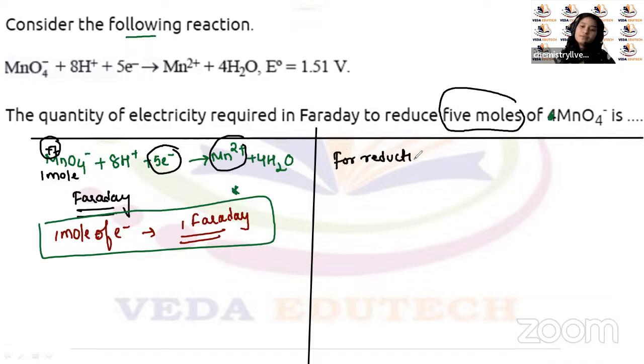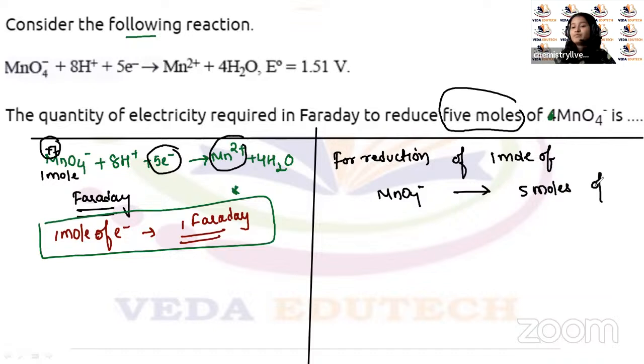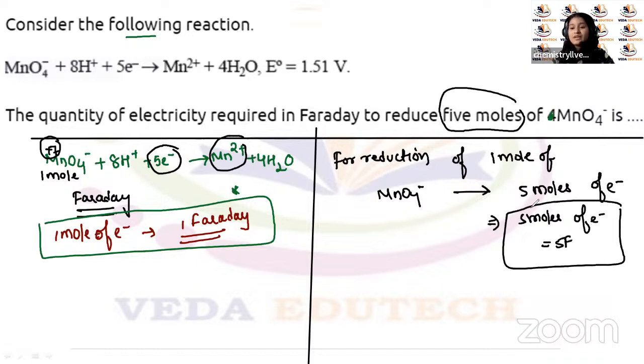And as we know, 1 mole of electrons is 1 Faraday, so 5 moles of electrons is equivalent to 5 Faraday. But this is for 1 mole of MnO4 minus.